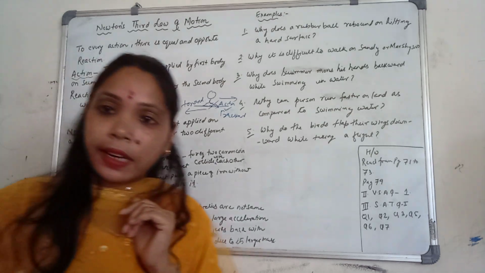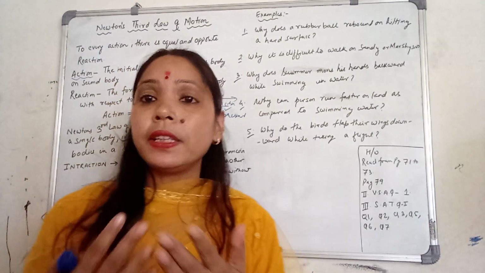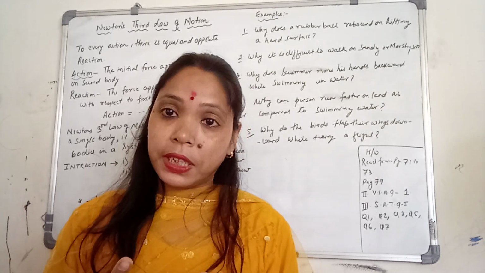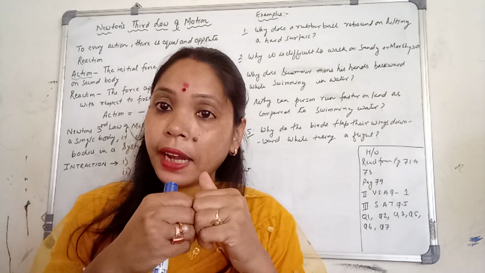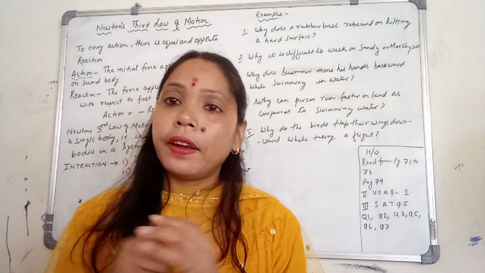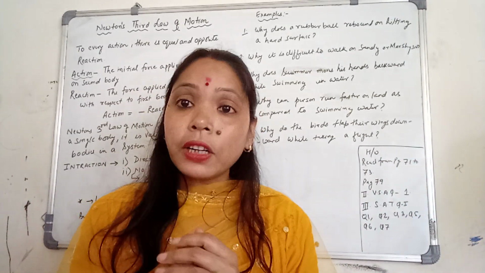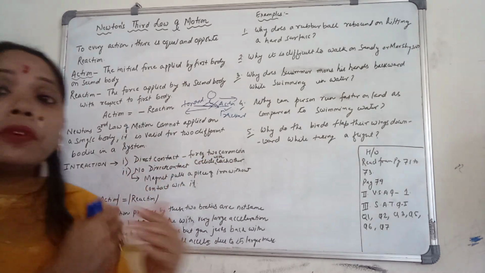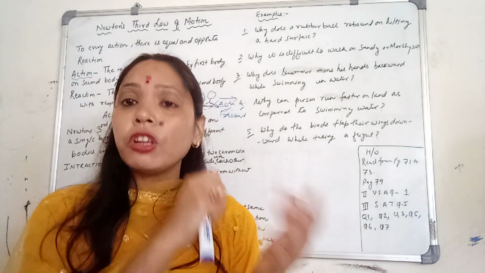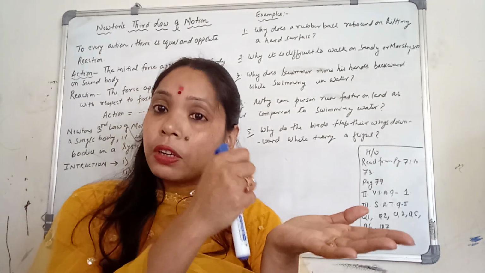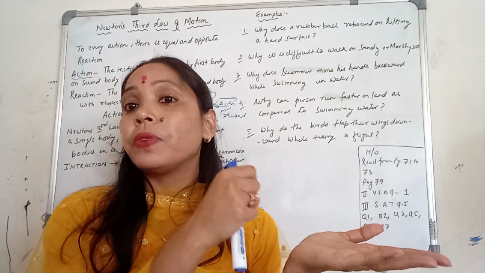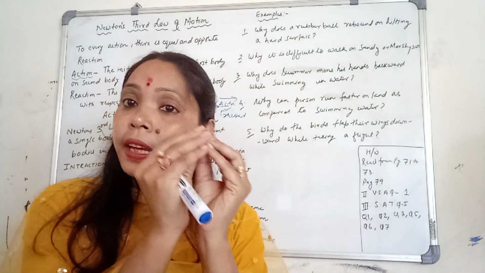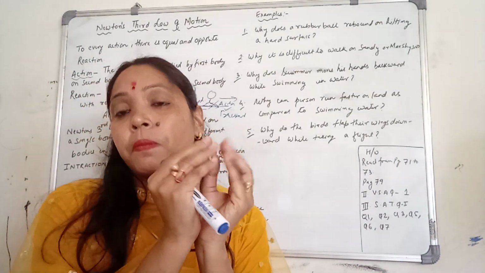Now come to the interaction. Interaction means it is also a force. Interaction can be possible by direct contact or without direct contact. Direct contact, for example, two carom coins collide with each other. Whenever you play carom, one coin interacts with another coin, meaning they have direct contact.